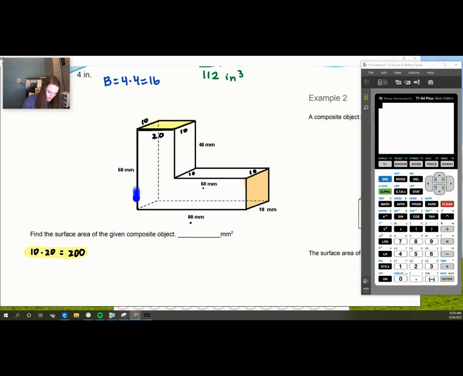So the whole length here is 60, which means from here all the way up would have been 60. But this piece is 40, so that means this section and this section is 20. So that orange one is also 10 times 20, which is 200. Okay, when we're done, we're going to add all these pieces together.